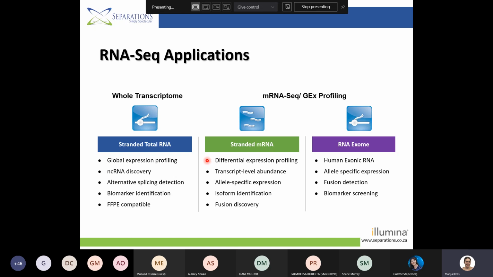If we are only looking into mRNA, which is just our coding transcripts, obviously we're looking into differential expression profiling, transcript level abundance, allele-specific expression, isoform identification, and fusion discovery, right? And then I will touch briefly later on a targeted approach, when we are only interested in specific allele expression, specific fusions. So we'll touch on that briefly.